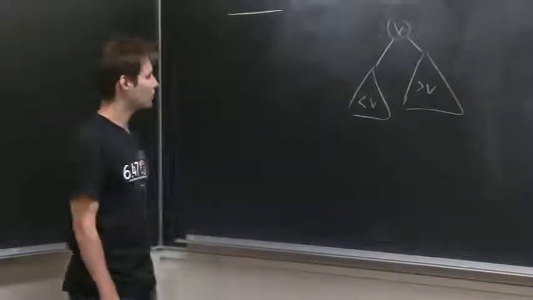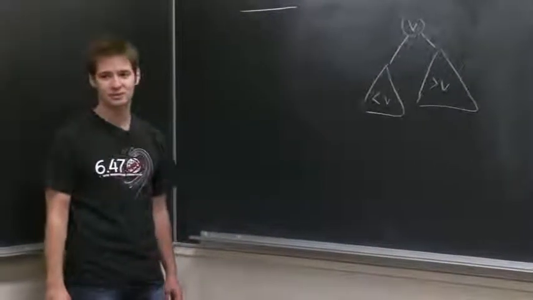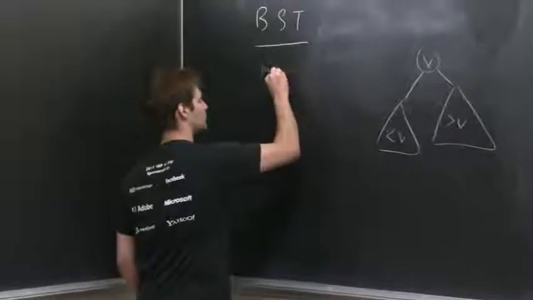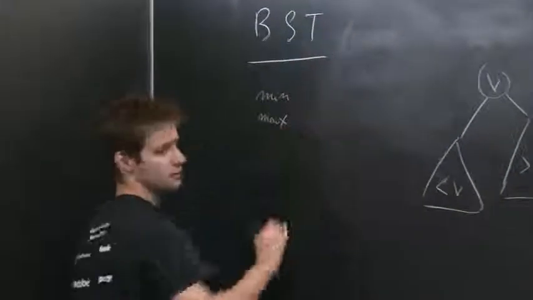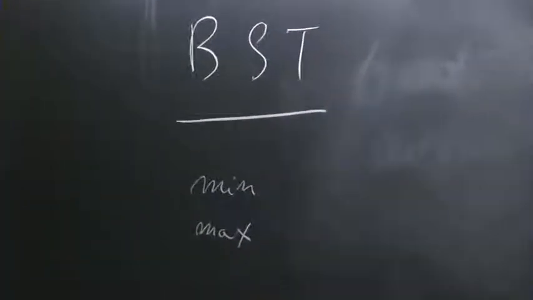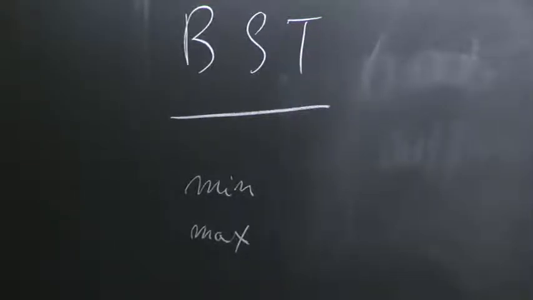Okay, so what do we know how to do on BSTs? What are the operations that we know? Minimum, maximum. Okay, min, max. Left, right, parent. Okay, so those are for the node. I want the queries and the updates for the BST type. Insert, delete. Okay.